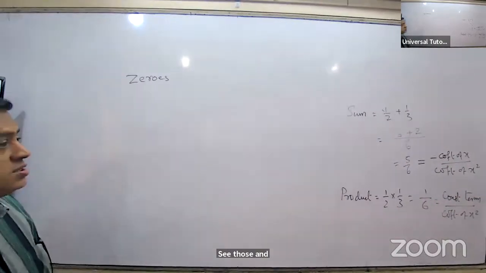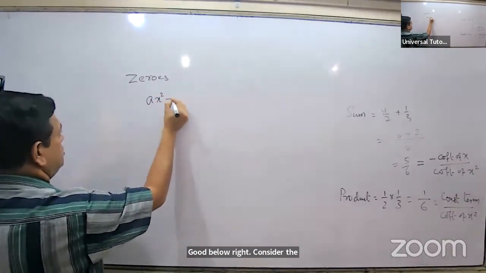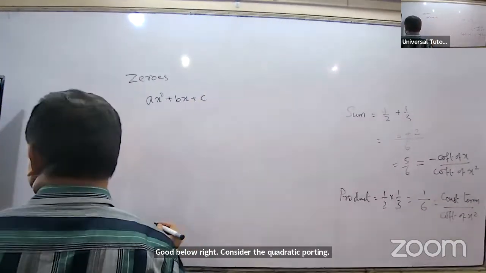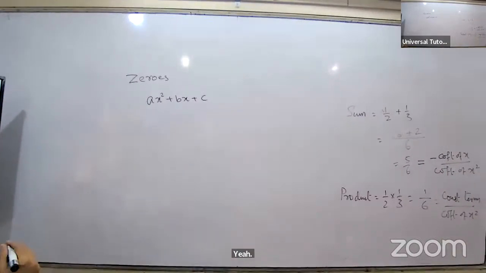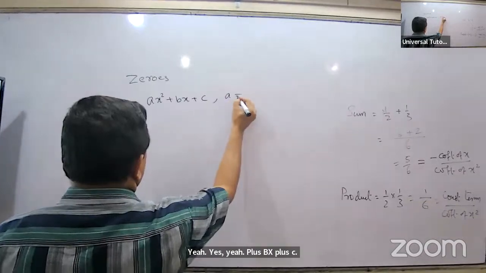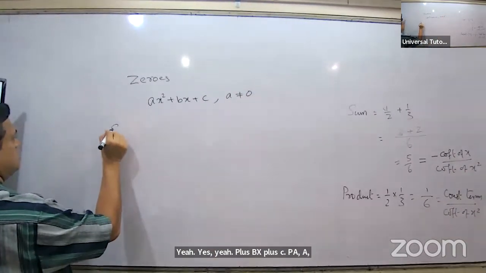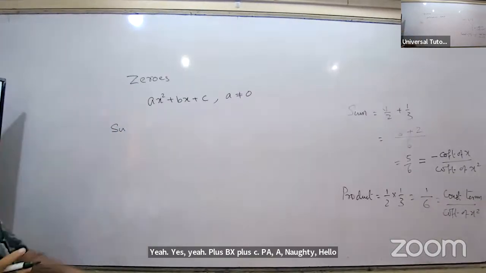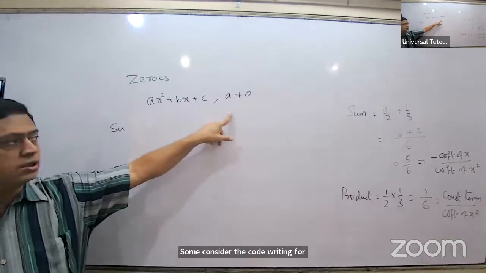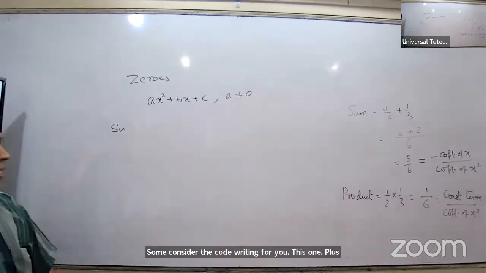Then below, write, consider the quadratic polynomial ax square plus bx plus c, where a is not equal to 0.